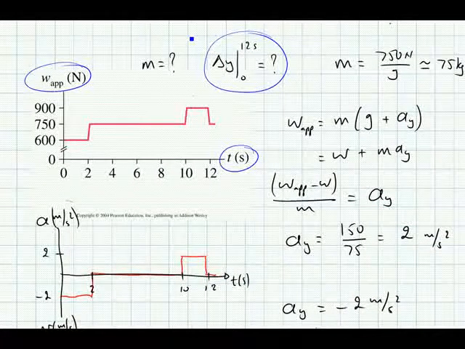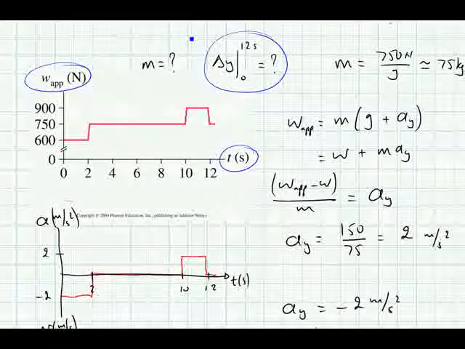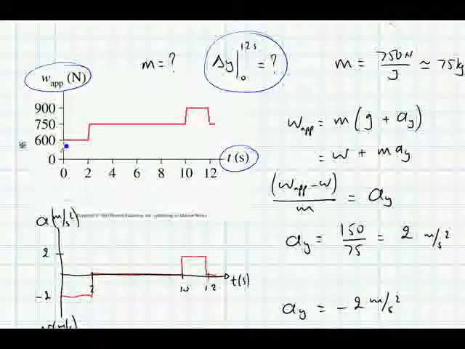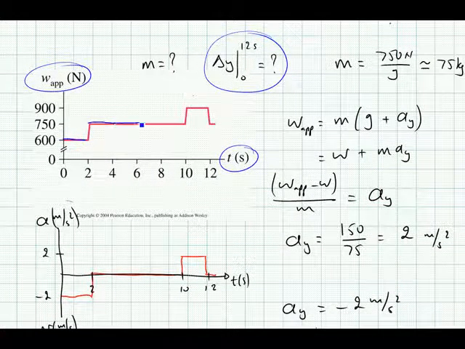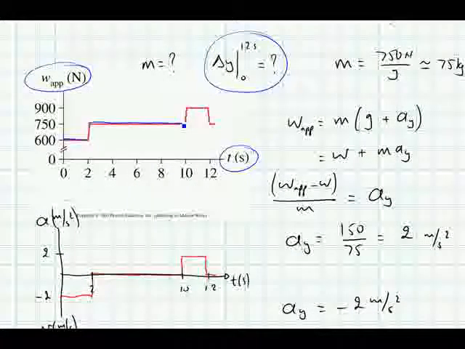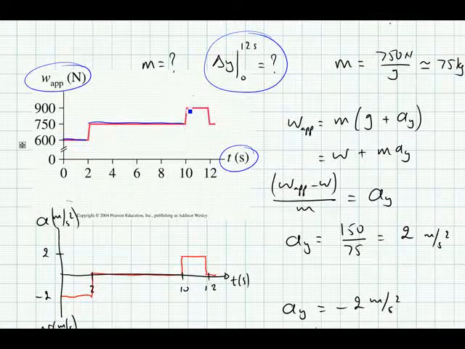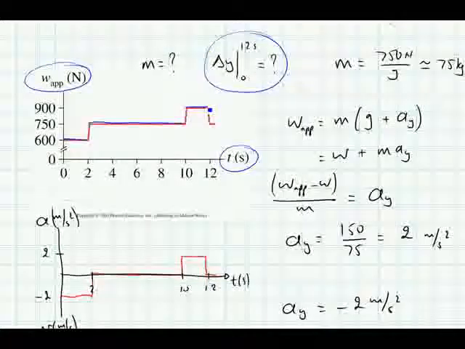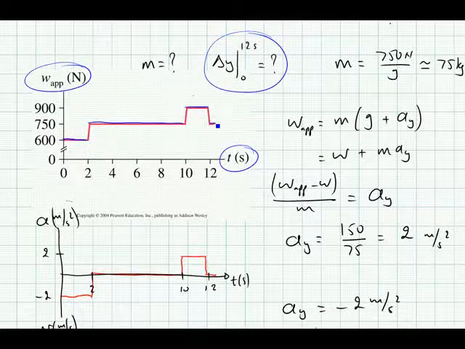Studying the apparent weight versus time curve, you see that the person's apparent weight is a low number for starters, then it becomes 750 newtons for a good 8 seconds, and then it increases for 2 seconds before coming back to 750.